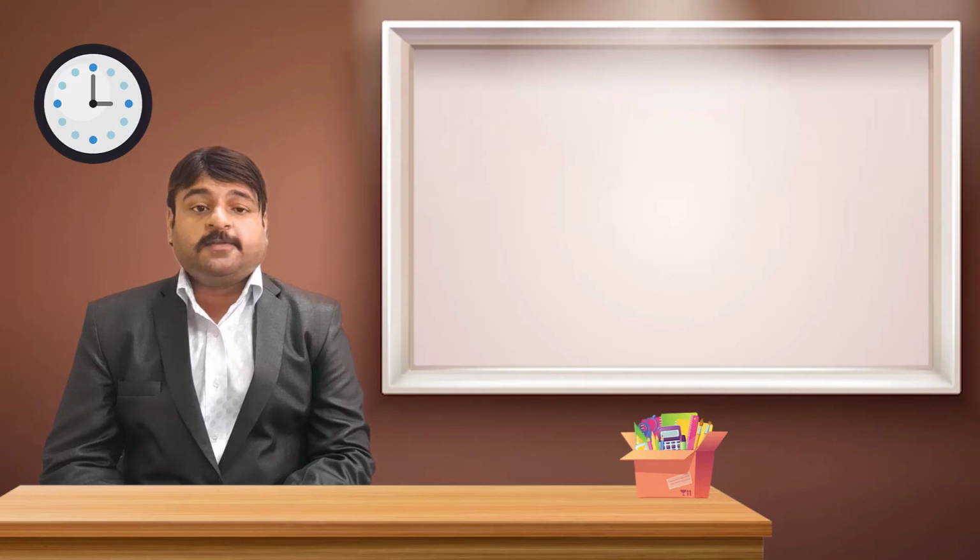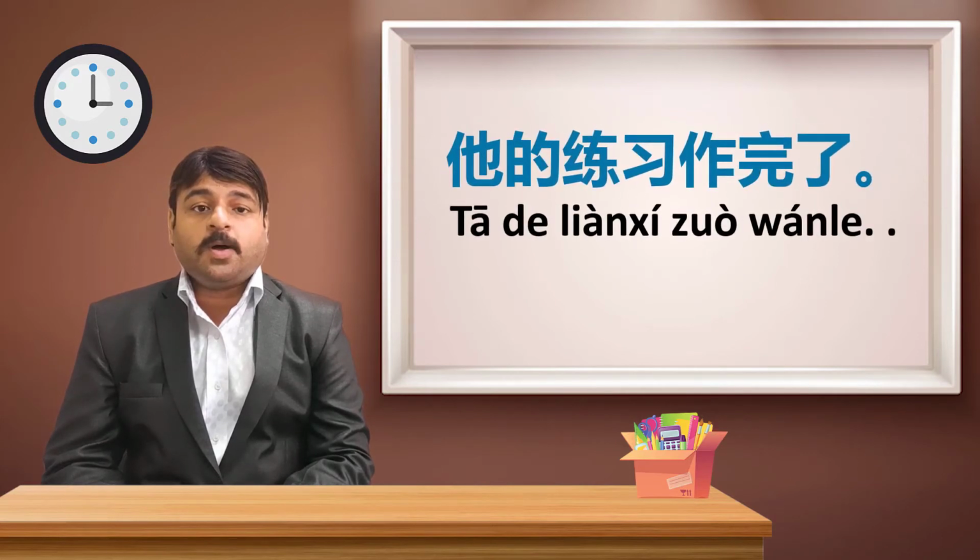Let us now move on to the substitution drills. Let us read the first sentence. 他的练习做完了. Finished his exercise.